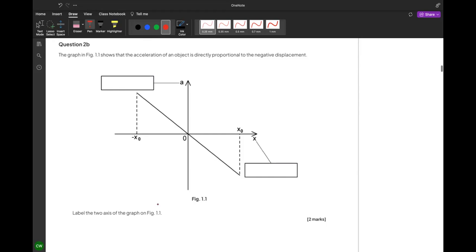Label as is. You should know A stands for acceleration, and S stands for displacement.